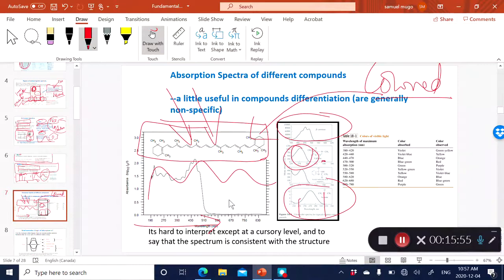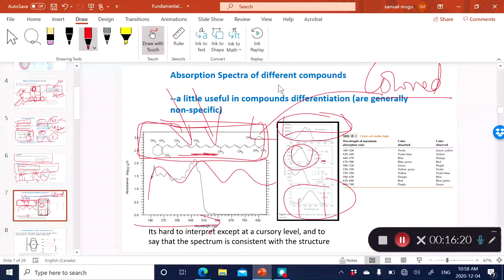So what I'm saying is absorption spectra is not very definitive when you're trying to differentiate different types of compounds, unless you're dealing with drastically different types of chemicals, such as retinol or beta carotene compared to acetone.